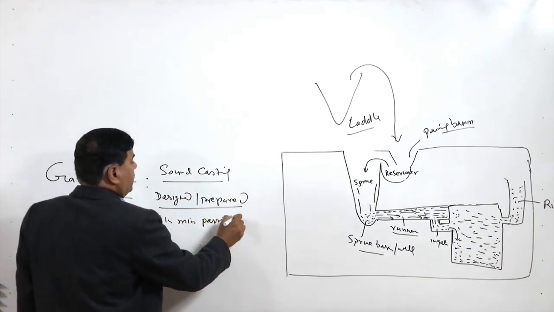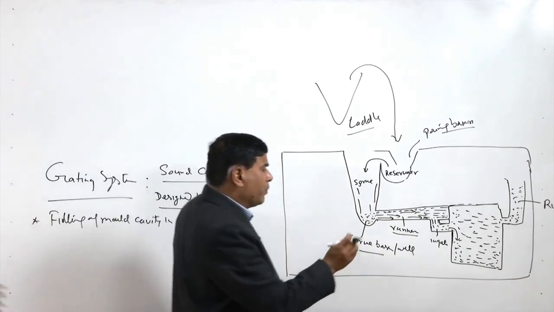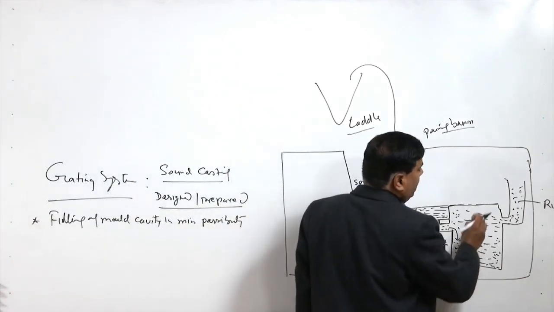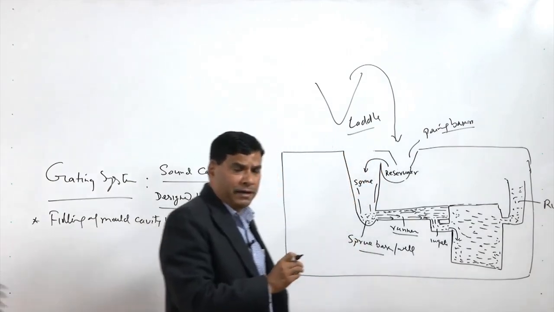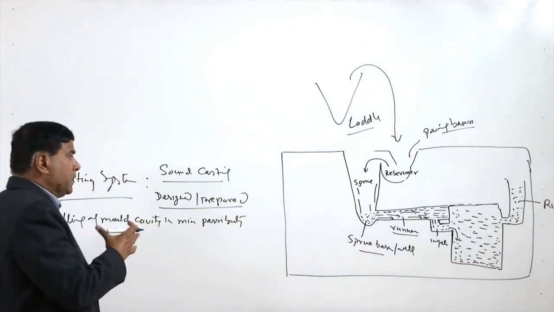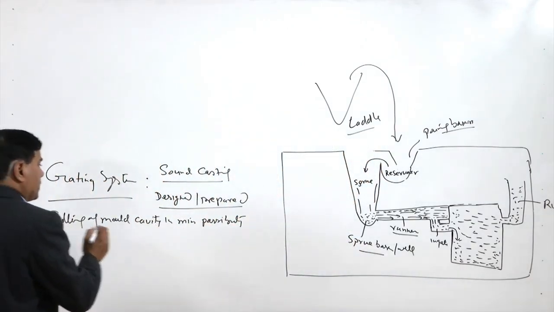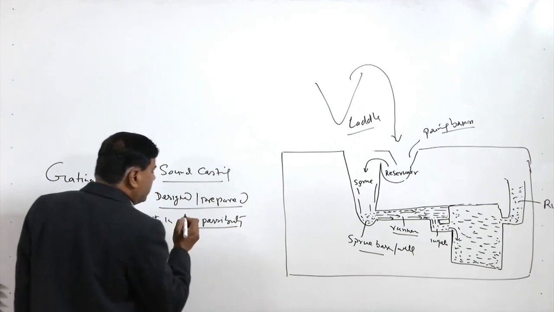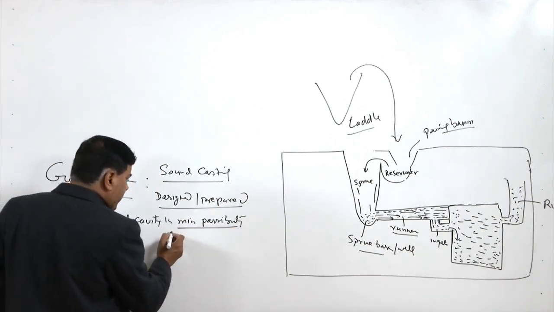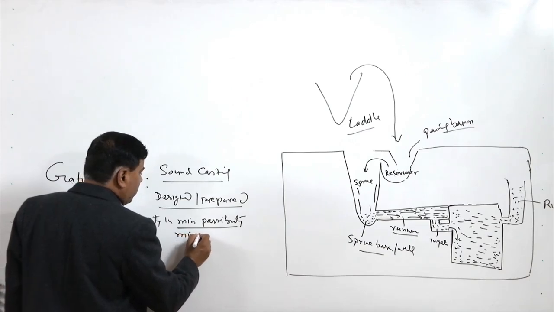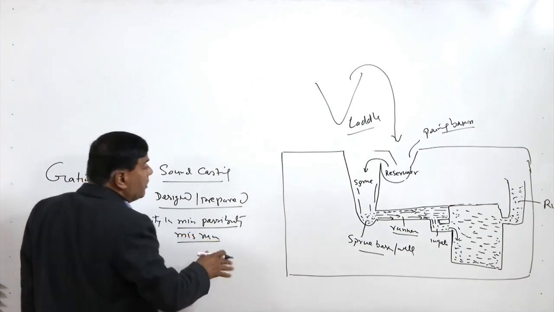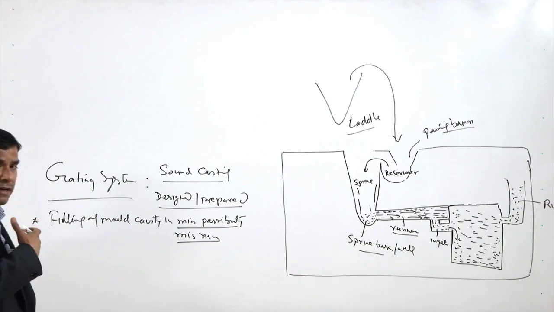This is important to avoid a situation where at one location solidification has started while at another location the molten metal has yet to reach. This kind of situation can lead to a number of issues, and misrun is one of them, where molten metal may not be able to reach if it is taking a very long time.